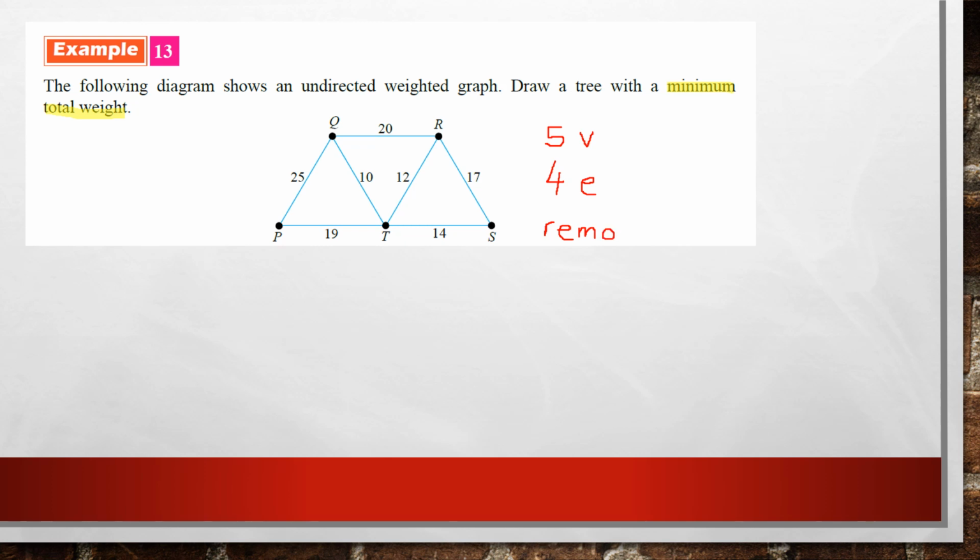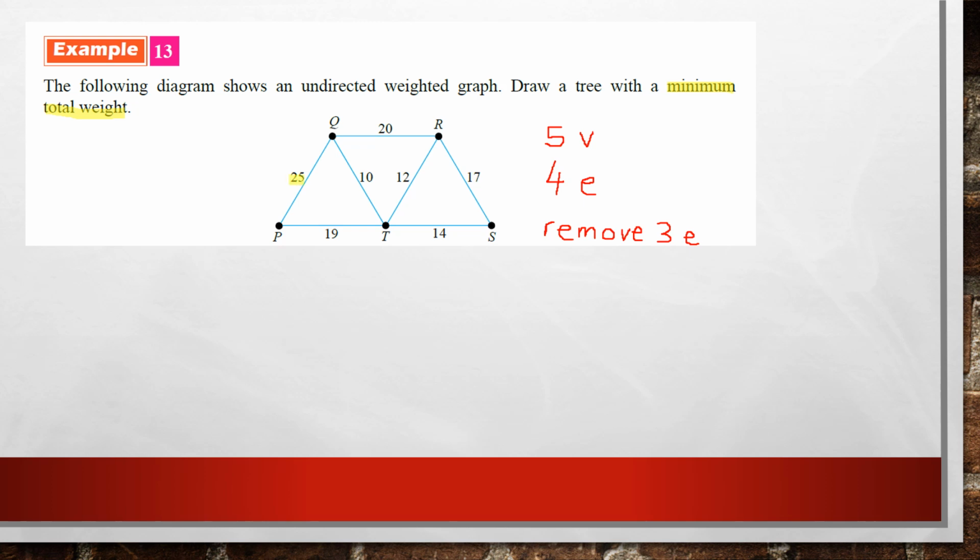That means which edges do you want to remove? That is the question. So we want to remove 3 edges. So we look for the edge with the greatest weight.